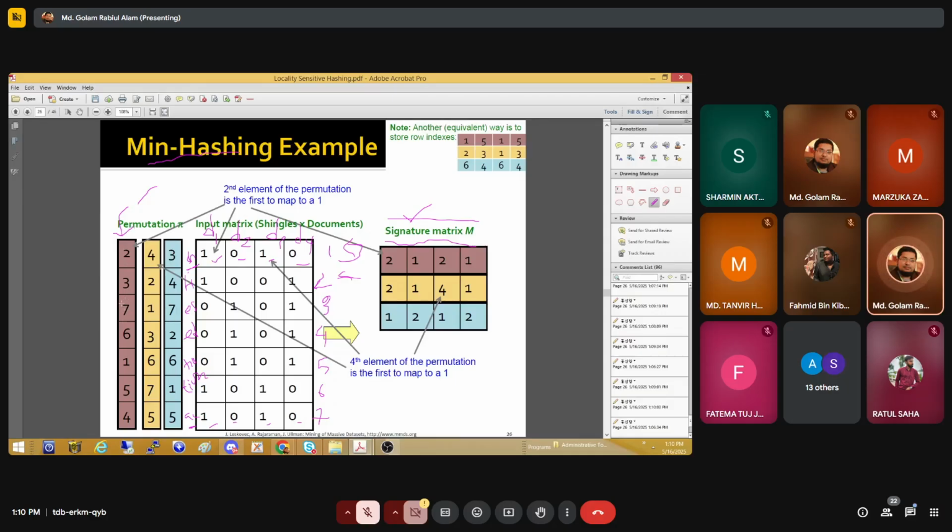That row number 7 is shifted from the last position to here, and then 6, then 1, 5, and 4. So this is just one permutation. This permutation can be generated from a hash function. The second permutation is another permutation, which can be generated from the second hash function, and this is another permutation, which can be generated from the third hash function.